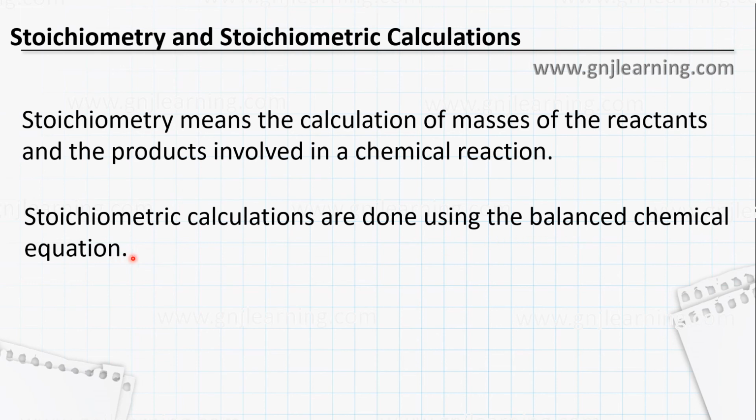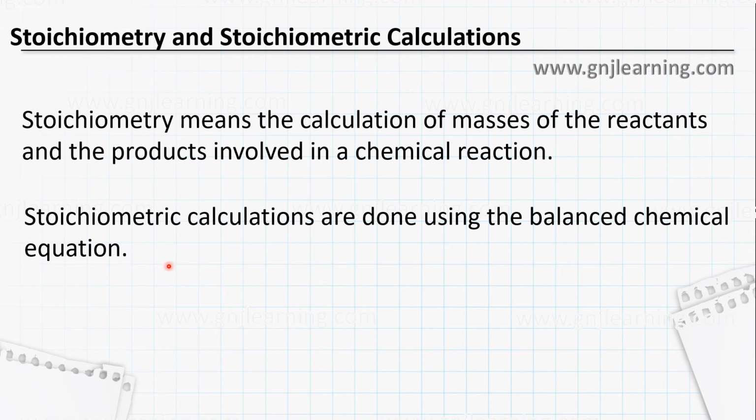In the lower classes you might be familiar with balancing of chemical equations. In class 11 we will not teach balancing, so I hope you all know the balancing of chemical equations. Clear? Stoichiometric calculations are strictly based on the balanced chemical equation.